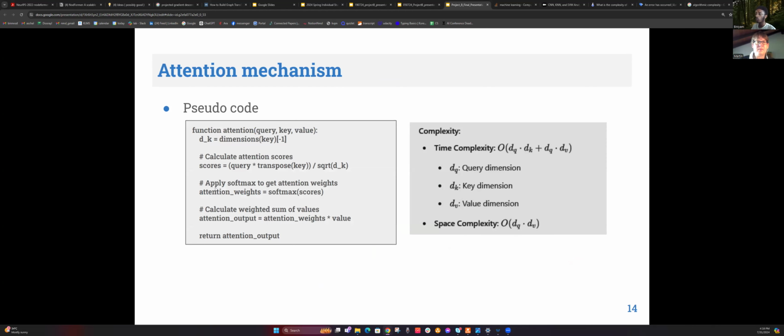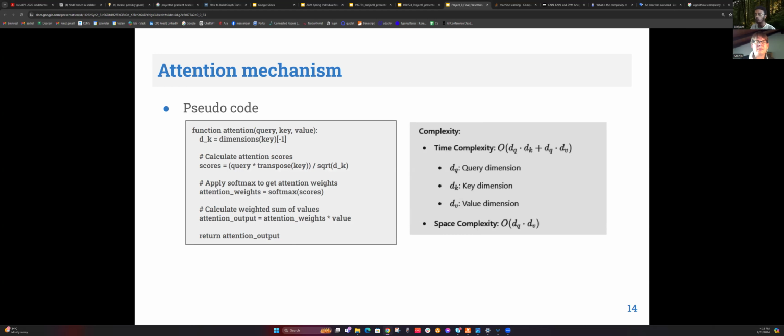And the pseudocode can be simplified as the following. Basically, we have the query and the key matrices, and we compute the cross product between the query and key of each input.